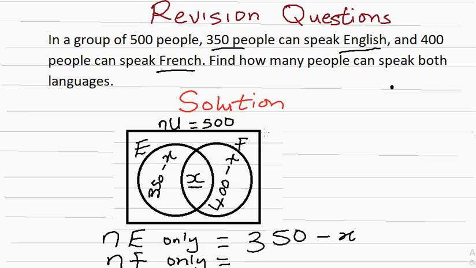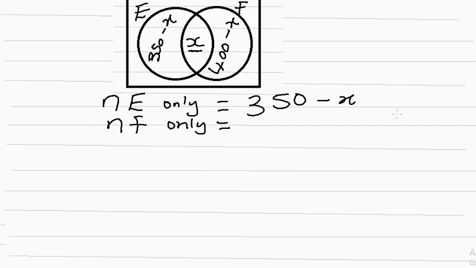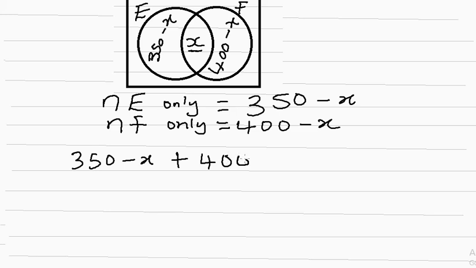So let's add everything together, that way we'll be able to find X. English only is 350 minus X, and French only is 400 minus X. Everything should give us the universal set, which is 500.